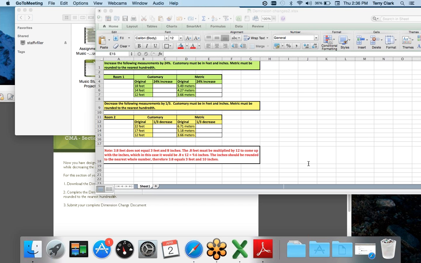If you had meters, you round to the nearest hundredth place. If it's like 13.356, then it gets rounded to 13.36.